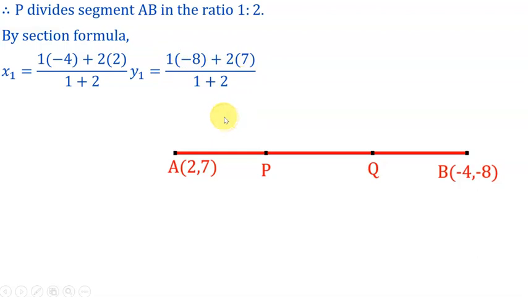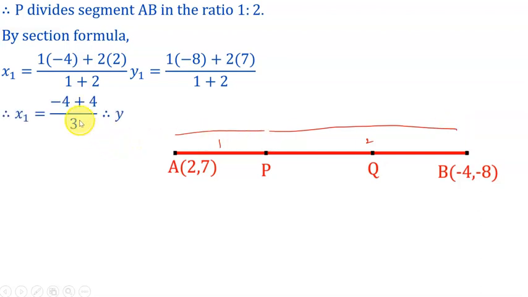Okay, here the ratio is 1:2. Ha first part and ha second part. Simple calculation. 1 into -4, 2 into 2, that is 4, upon 1 plus 2 is 3. y1 is 1 into -8, that is -8, 2 into 7 is 14, upon 1 plus 2 is 3.